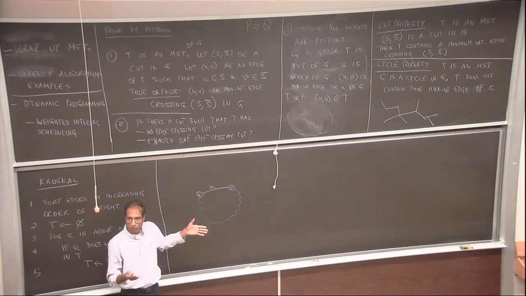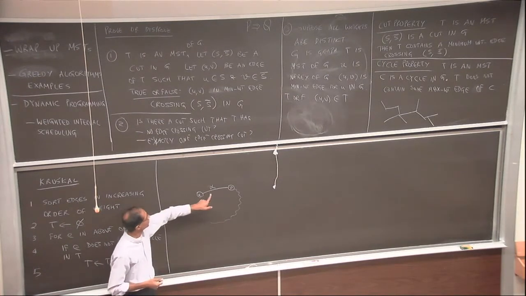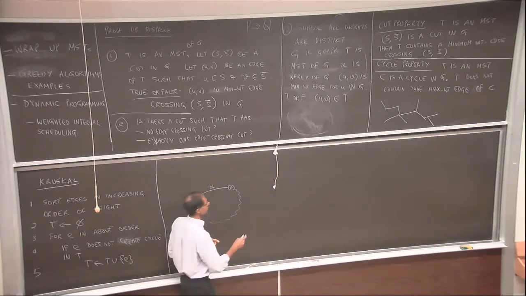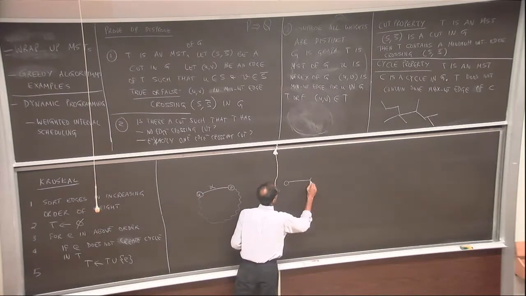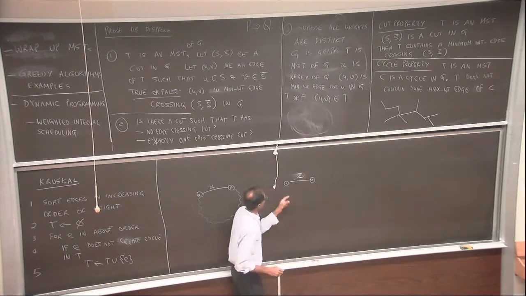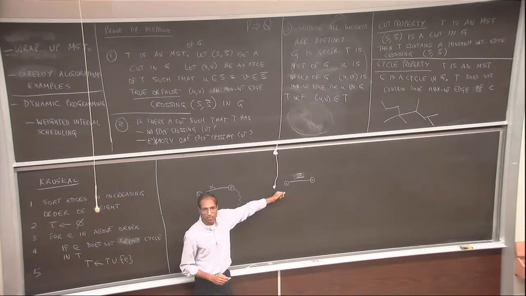What does the example require? U has to have an edge to V of some weight. Let's take weight 1 or 2 if you want. And you want to find a path from V to U in which every edge has weight less than 2.